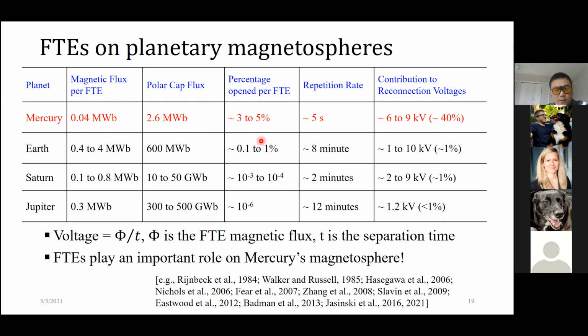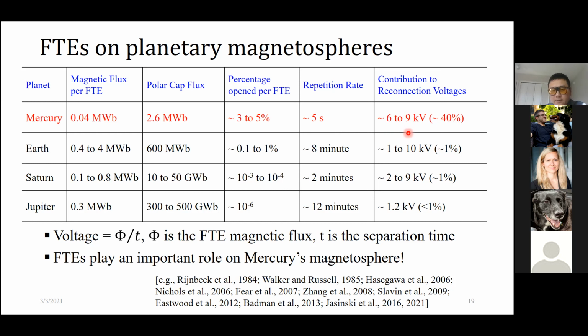And this is larger compared to other planetary magnetospheres, where the FTEs during the FTE shower have a repetition rate of around 5 seconds. So we got a potential drop of like 6 to 9 kilovolt. And Mercury's magnetosphere has a cross magnetosphere potential drop of like 16 to 20 kilovolt.